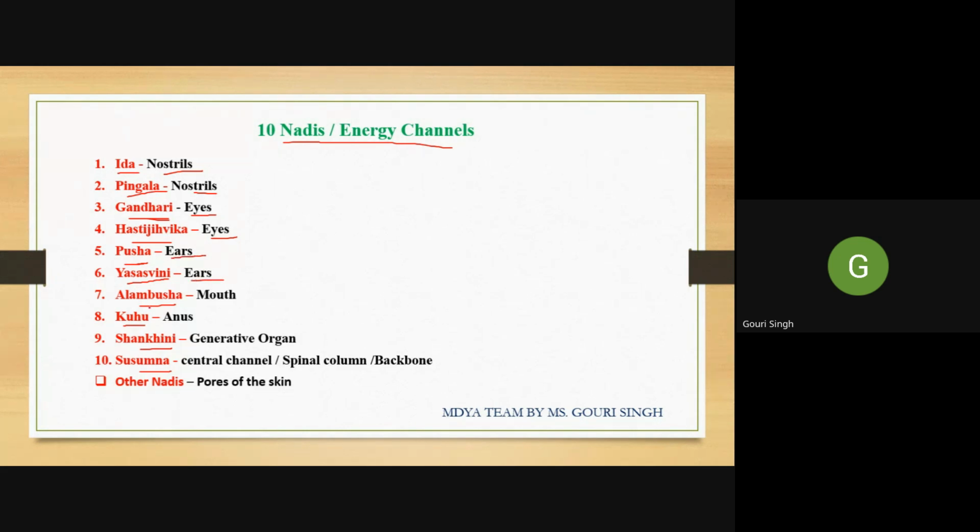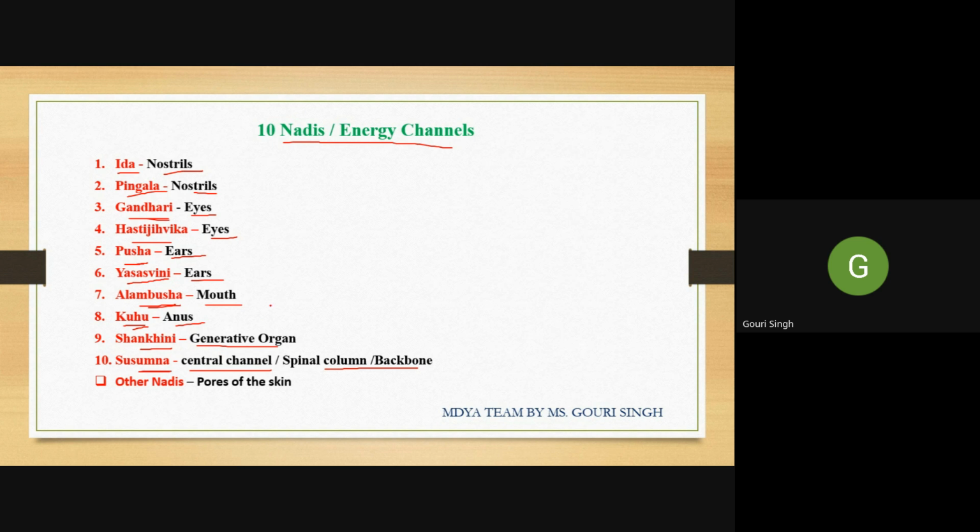Alambusa is present in the mouth area, Kuhu is present in the anus area, Sankhini is present in the generative organs, and the Susumna is present in the central channel or spinal column or backbone of the body.